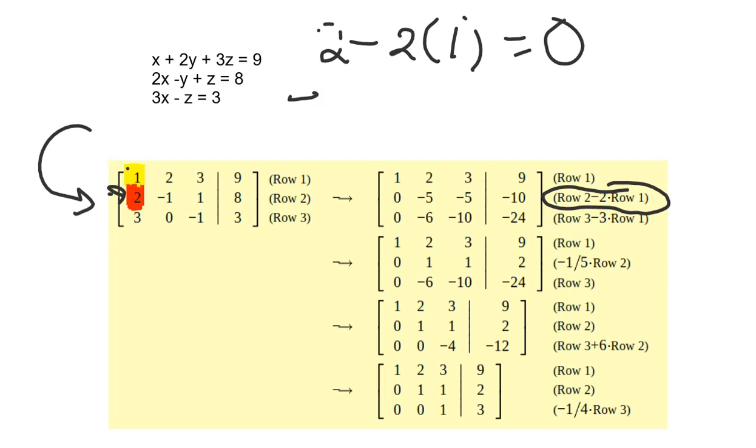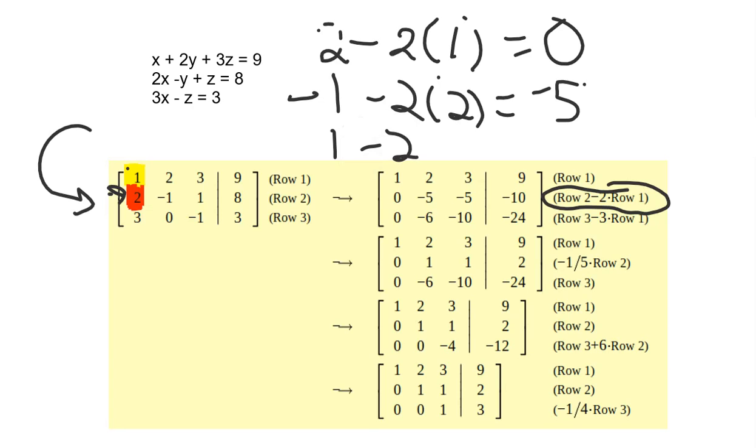For the next one I'll have -1 minus 2 times 2, which is -1 minus 4, giving me a -5. Then I have 1 minus 2 times 3, which is 1 minus 6, which again gives me a -5. So here I have my 0, my -5, and my -5 as my newly manipulated row.